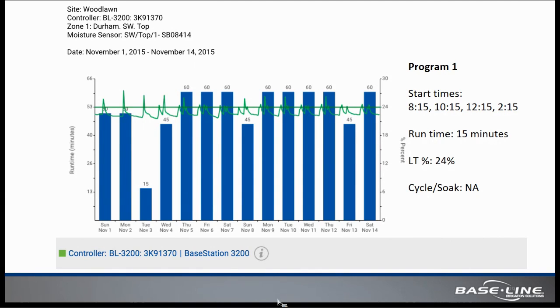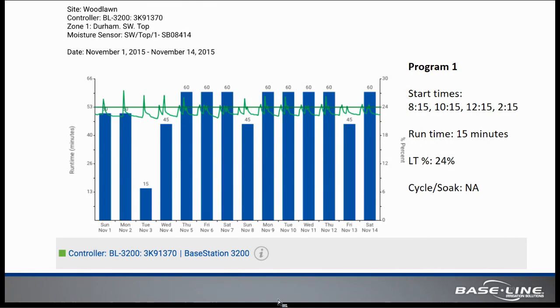A lower threshold strategy was used, where that threshold was set at 24%. When those start times came up, the sensor either allowed or did not allow that irrigation cycle to occur, and the manager was able to maintain a moisture level of 24% in that application, which was set to meet the objectives or expectations of the manager.